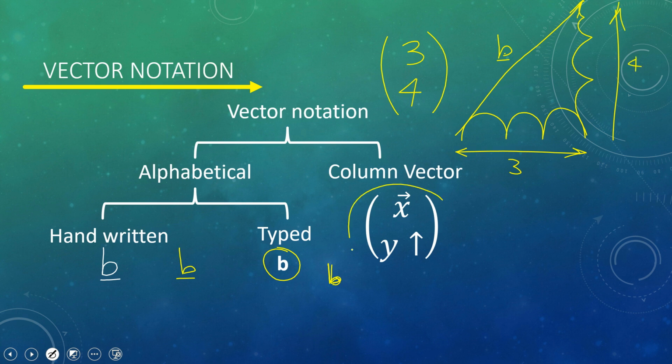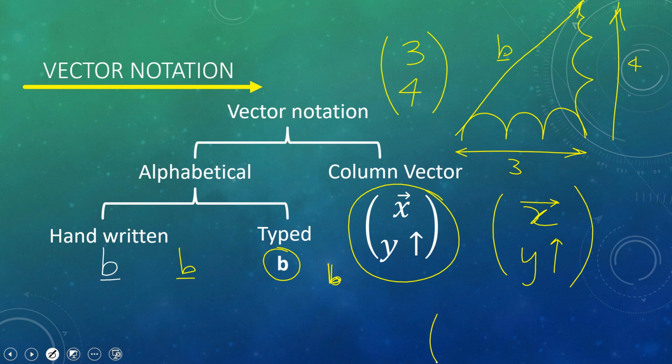Okay, and here's a handy little memory aid which will help us remember this. So x going to the right is positive and y going up is positive. So if I was to say that I want to draw minus 3, minus 2, that would be 3 to the left and 2 going down.